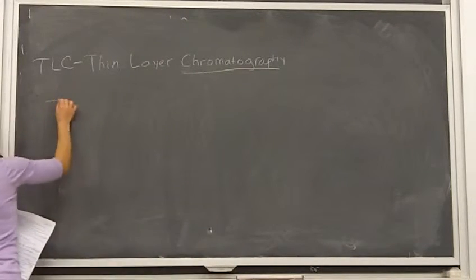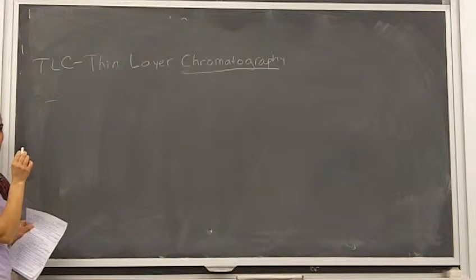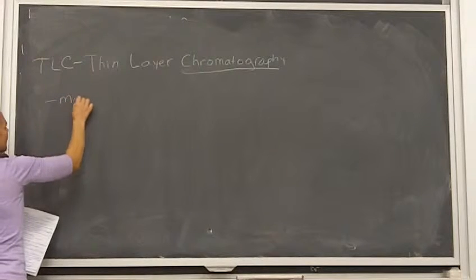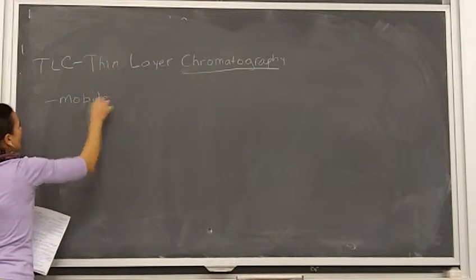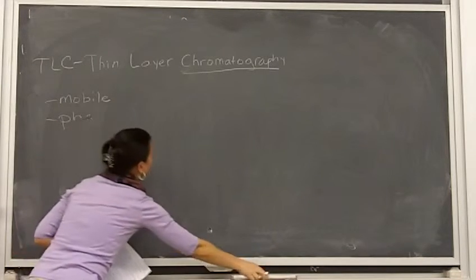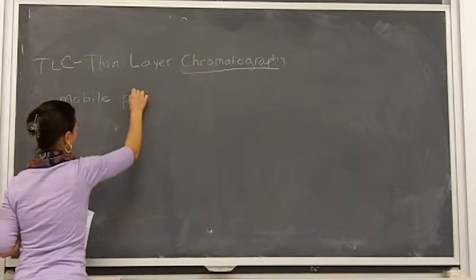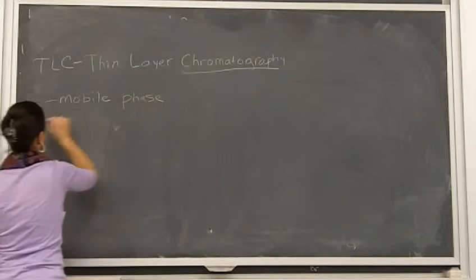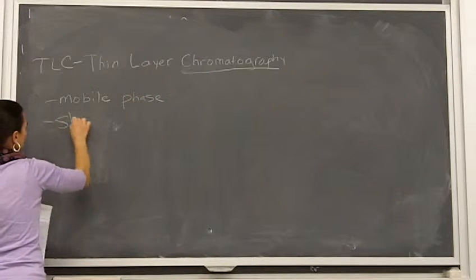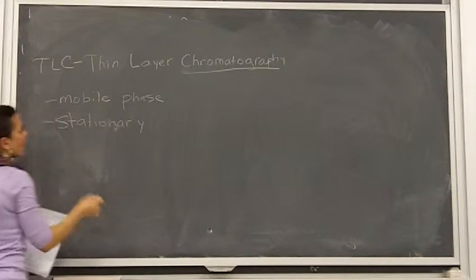What are the two pieces that we always have with chromatography? Mobile phase, and then what's our other phase? Our stationary phase, and I'll talk about who those two are here in a second.